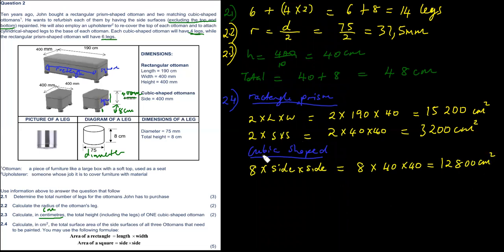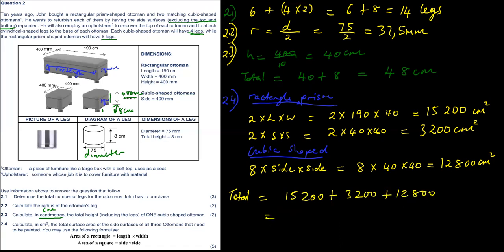Now we have everything that we need, because we need the total surface area of all three ottomans. So how do we get the total here? Total is going to be equal to your 15,200 plus 3,200 plus 12,800.